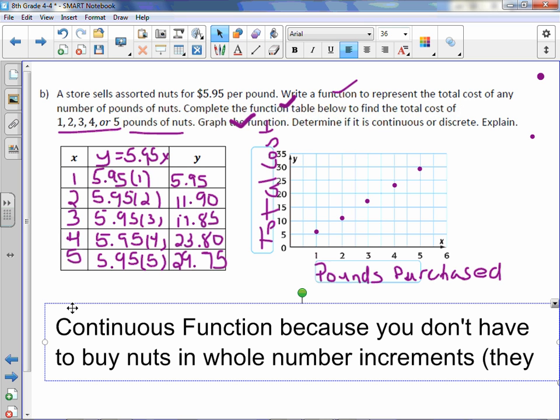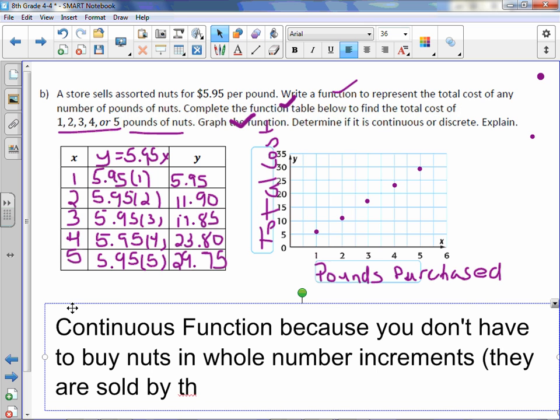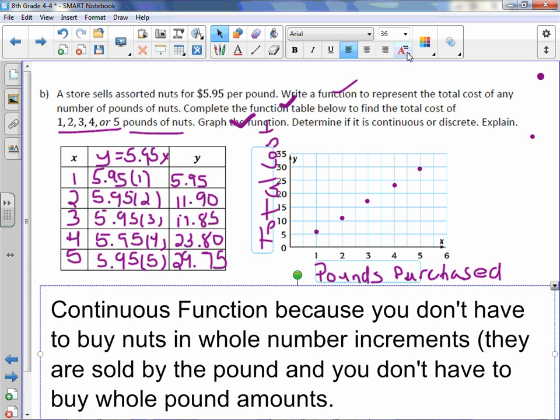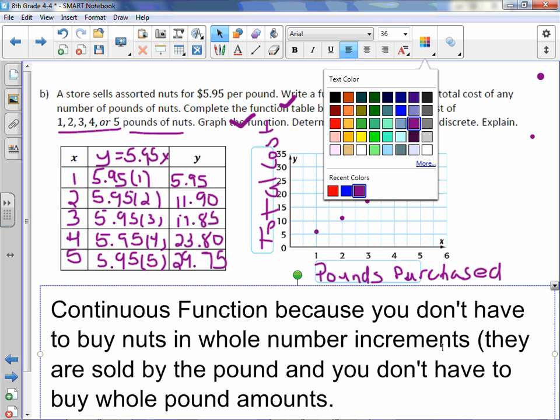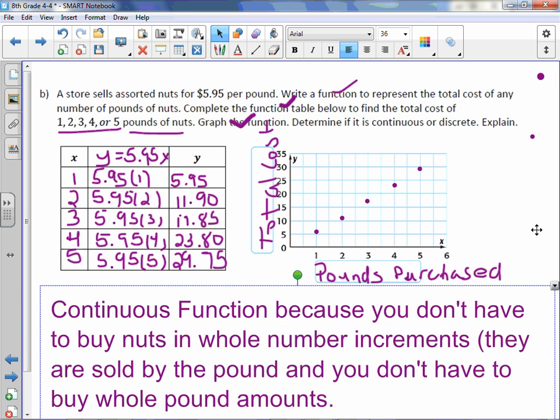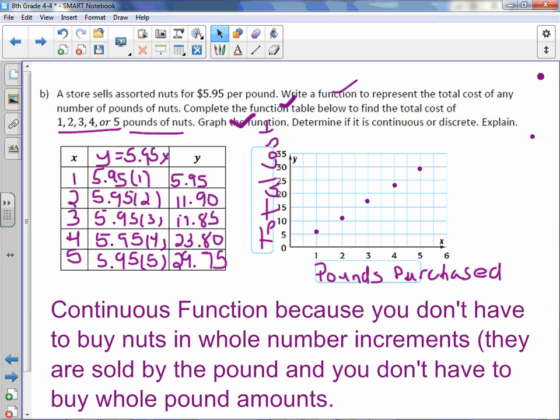And we'll put in parentheses, they are sold by the pound, and you don't have to buy whole pound amounts. So we just said if it was continuous or discrete, and we explained, which means we are done with the problem.